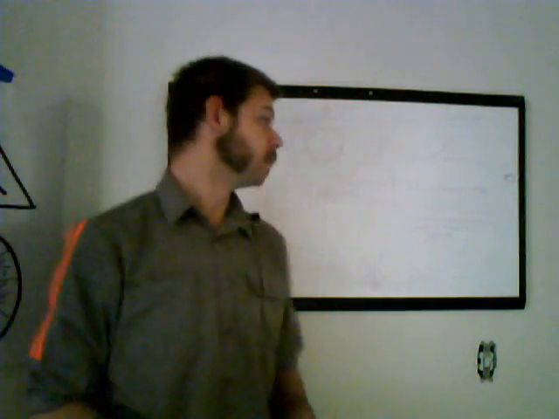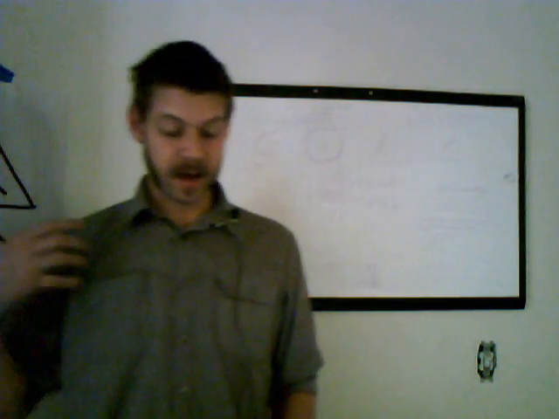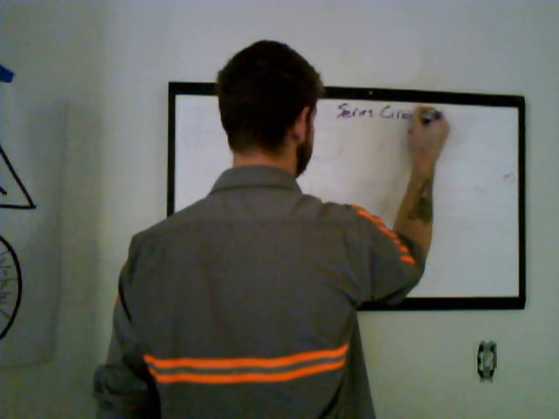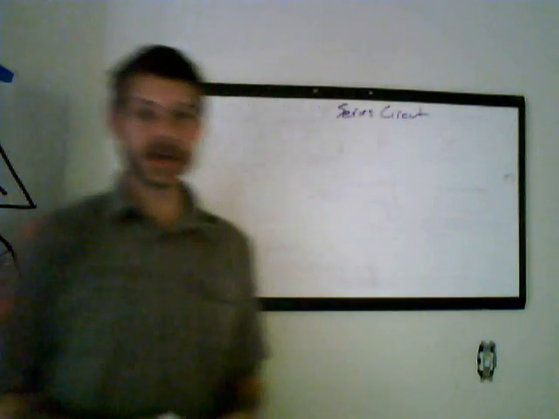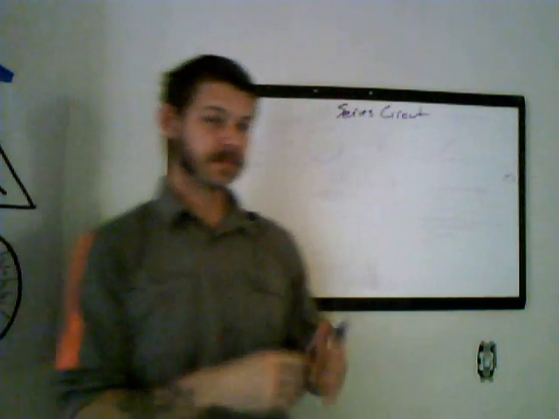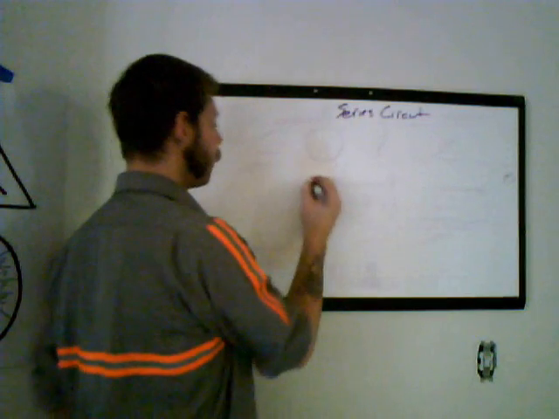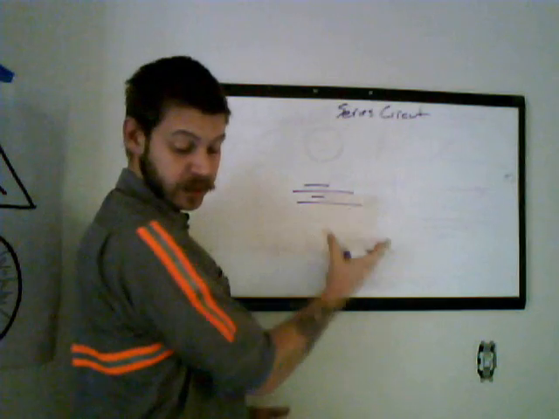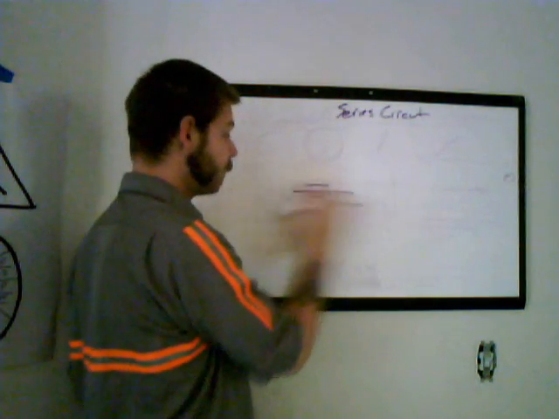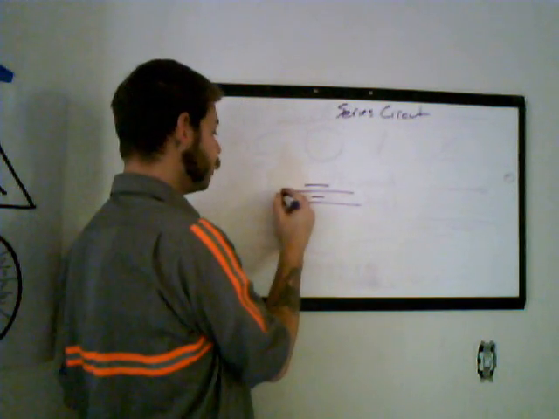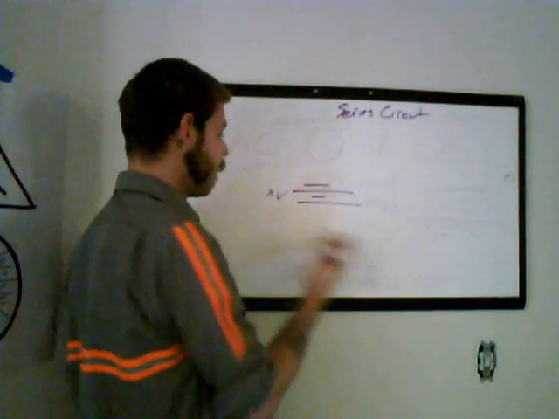Okay, series and parallel circuits. A couple of little definitions. That's going to be a battery. Usually the short line, long line, short line, long line represents two cells in a battery. Generally they're labeled with so many volts.